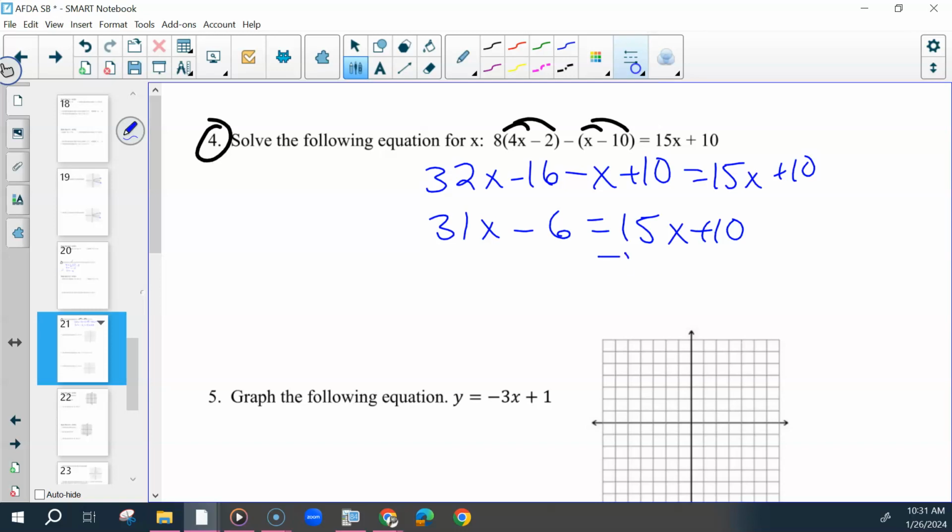Let's say I subtracted 15, and if you want to do this at the same time, add 6.